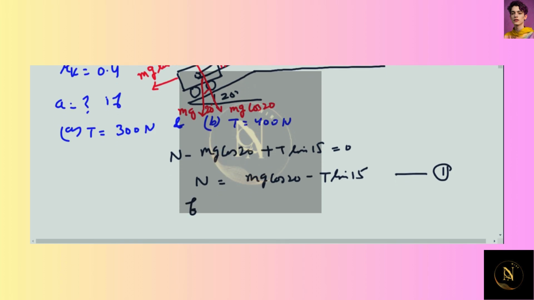And for stationary, there is a static friction, mu s into N, that is mu s mg cos 20 minus mu s T sin 50.